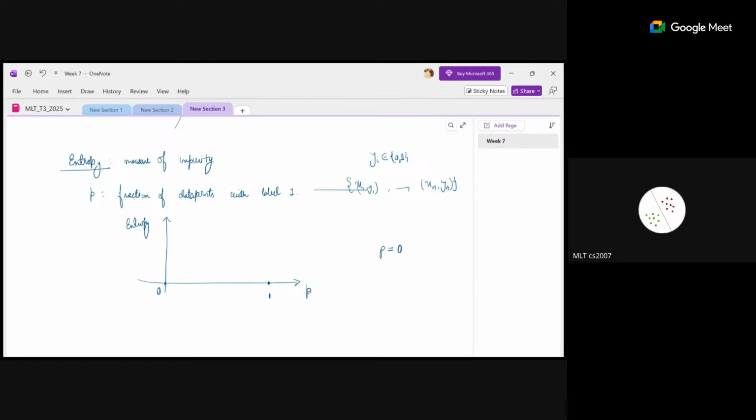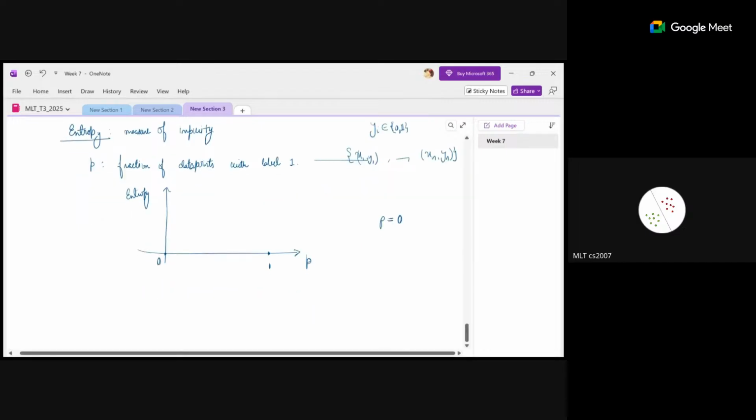And where would you want this entropy to be higher? Somewhere in between, we would want a graph like this basically. So we want something which gives me the entropy to be lowest at p equal to 0 and 1 and highest somewhere in between.